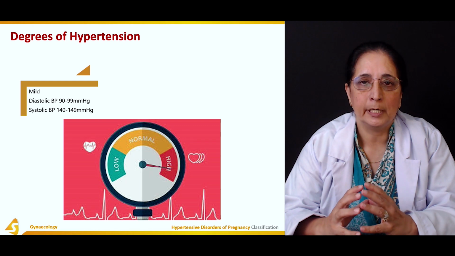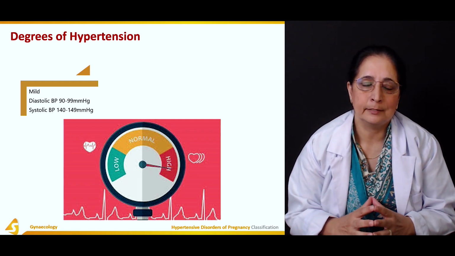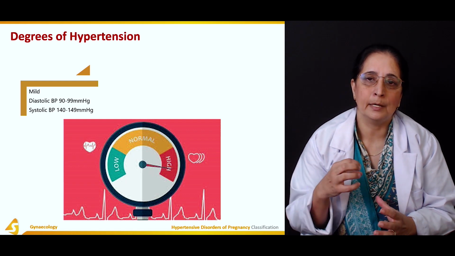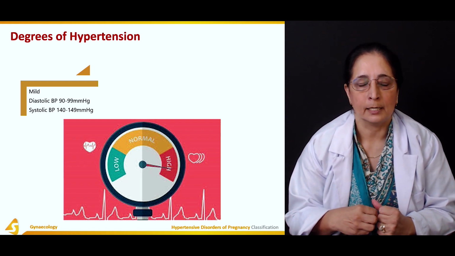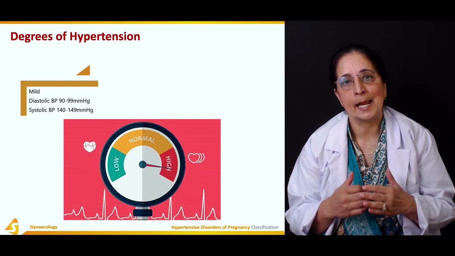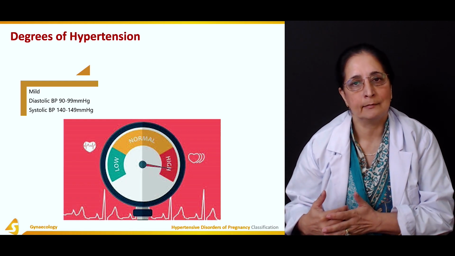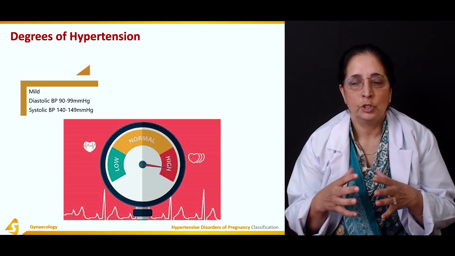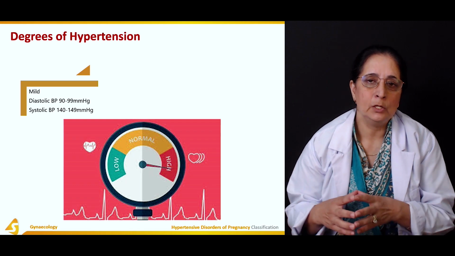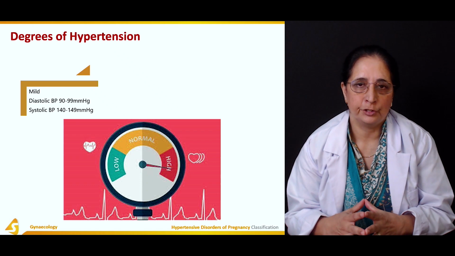Diastolic is when the heart is relaxed and blood is coming back into the heart. So top is the systolic, bottom is diastolic. One is the contraction phase, the other is the relaxation phase. So 120/80 is the normal blood pressure reading.